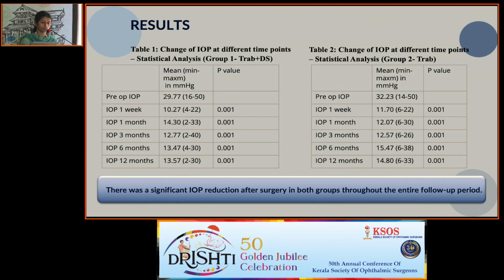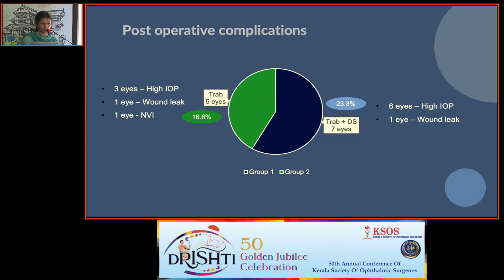This shows the change of intraocular pressure at different time points in both the groups. It can be seen that there was a significant IOP reduction after surgery in both the groups throughout the entire follow-up period. Regarding postoperative complications, 7 eyes out of 30 in group 1, that is 23.3%, had postoperative complications.